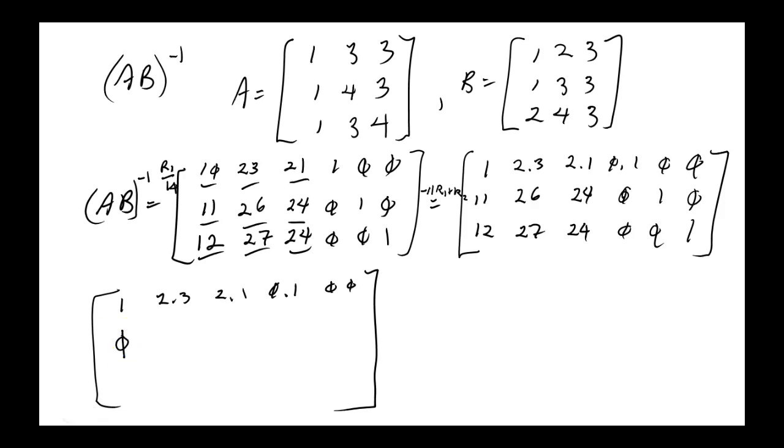So pull out your calculators. Negative 11 times 2.3 and add to that 26. And what do you get? 0.7. Yes. Okay. And negative 11 times 2.1 plus 24.